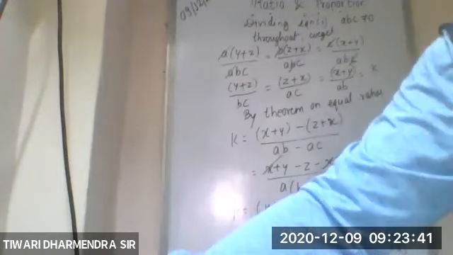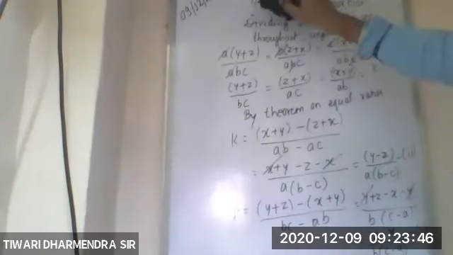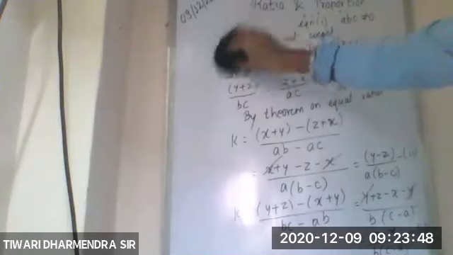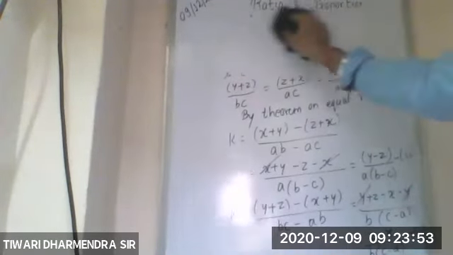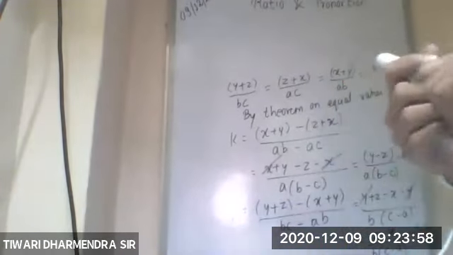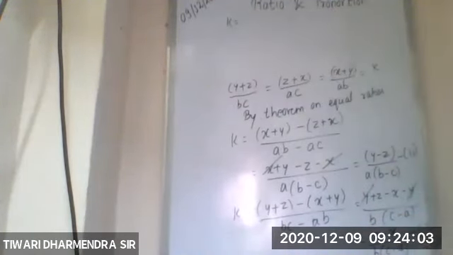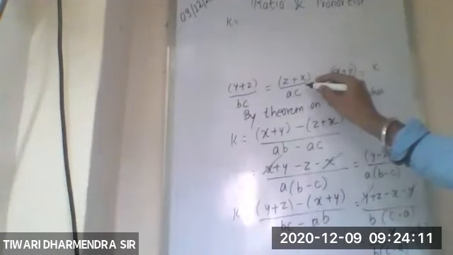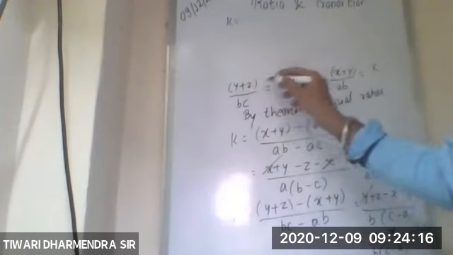Similarly, we'll move to the next ratio. So k equal to, now see again the requirement: we require x minus y. How do we get x minus y? If we take help of z plus x and the first ratio, that is y plus z.